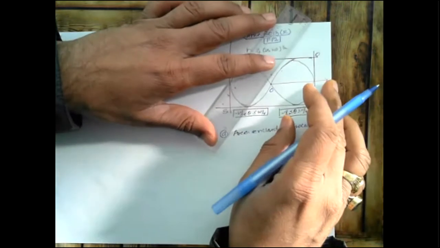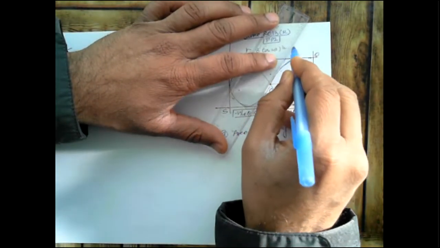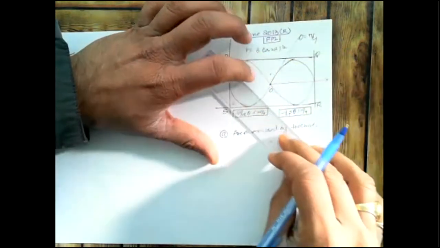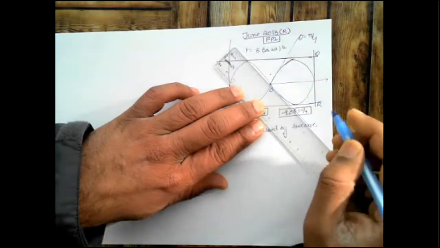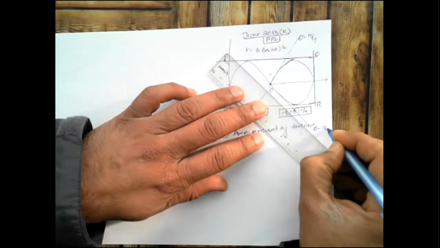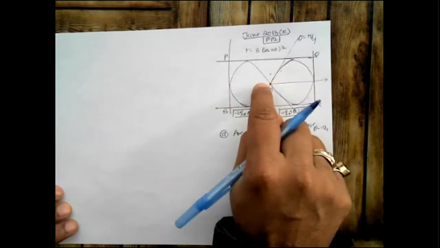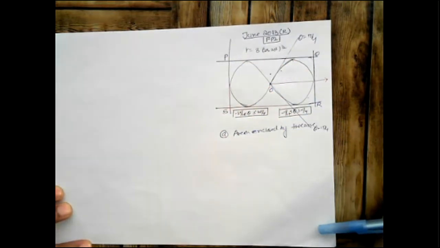This first part of the curve is between theta equals minus pi by 4 and theta equals pi by 4. So if I find the area of this petal, I'll double it to get the area between these two, theta equals minus 3 pi by 4 and pi by 4 as well.